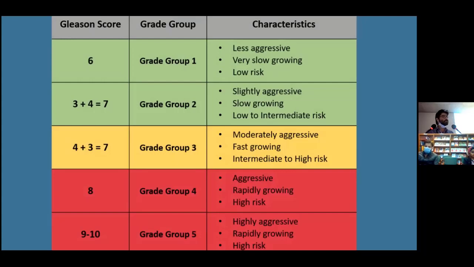And here the actual management division lies, because both are 7, but one is 3 plus 4 and the other one is 4 plus 3. So the primary grades are different. Since the primary grades are different, they are grouped differently, and they have got different kinds of projections as well as stratifications and evolutions later in life.